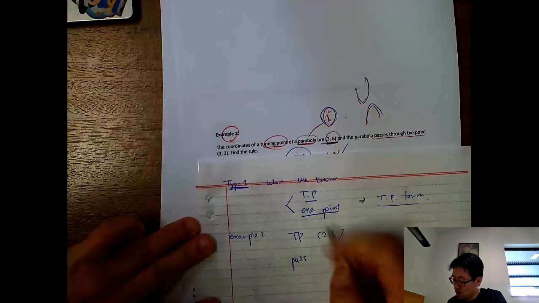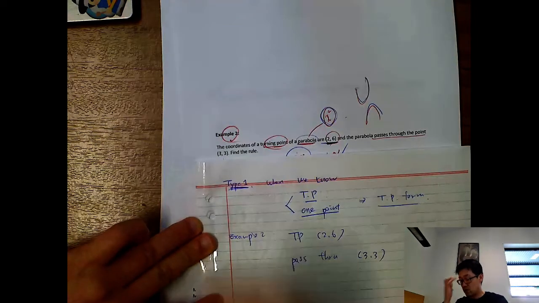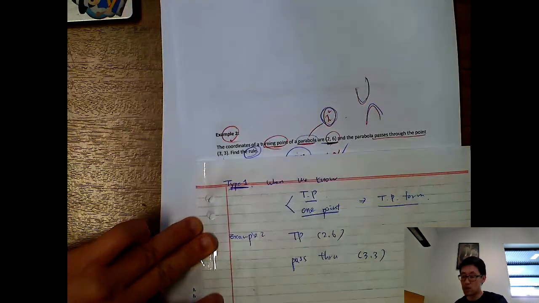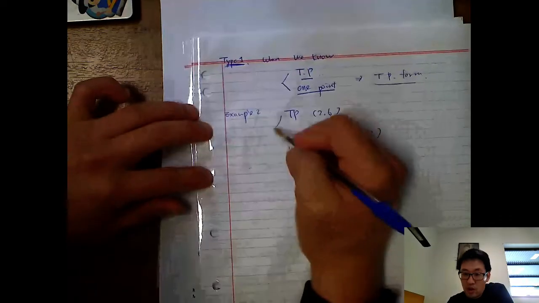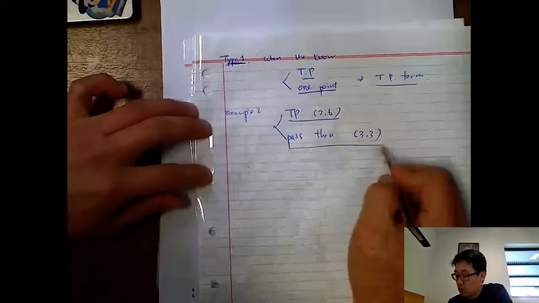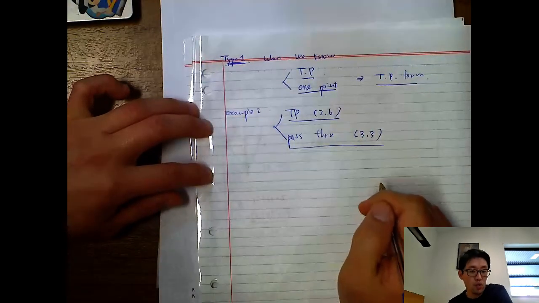Therefore, in example 2, the turning point is 2 and 6, and the parabola passes through another point, 3 and 3. Find the rule. Find the rule, which means getting the equation. Since we know the turning point and 1 point, yes, we can get the equation out of it. We can get the rule out of it.